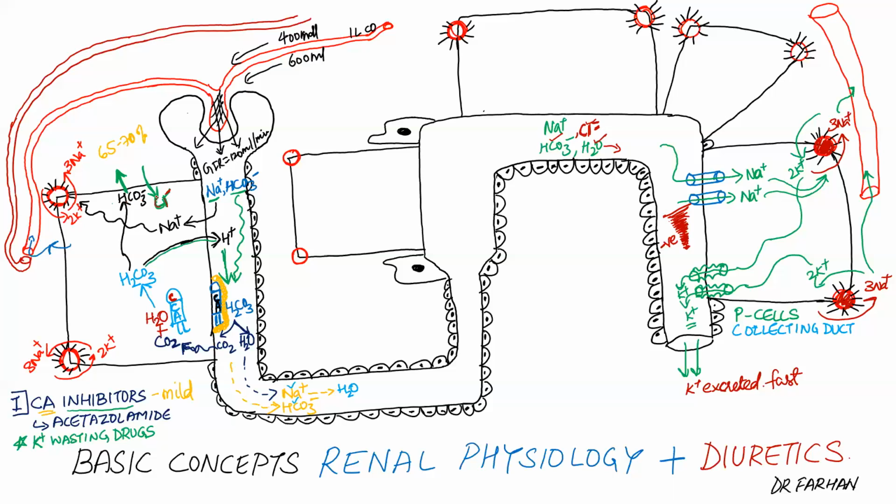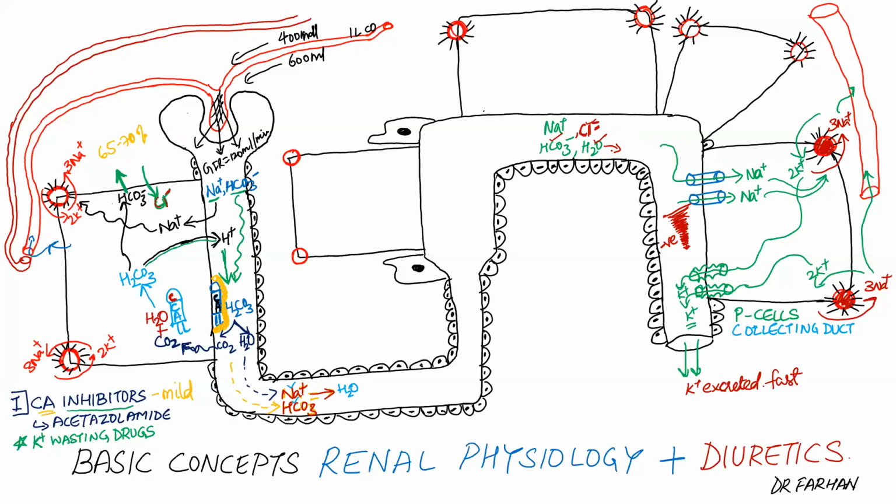Now, when you apply carbonic anhydrase inhibitors such as acetazolamide, the sodium, the bicarbonate and the water are not reabsorbed. So the sodium will enter the last part of the nephron, the bicarbonate will enter the last part of the nephron, and since sodium is going to the last part of the nephron, eventually water will also follow the sodium.